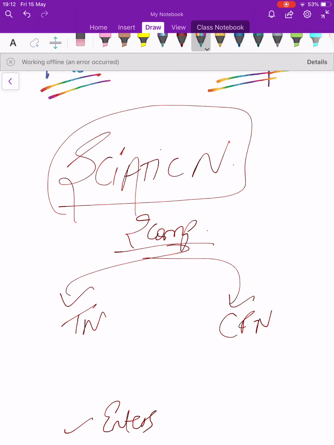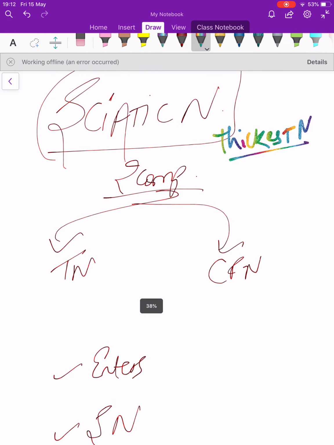Then next is the sciatic nerve. The sciatic nerve is the thickest nerve, and it has two components. One is the tibial component and the other is the common peroneal component.